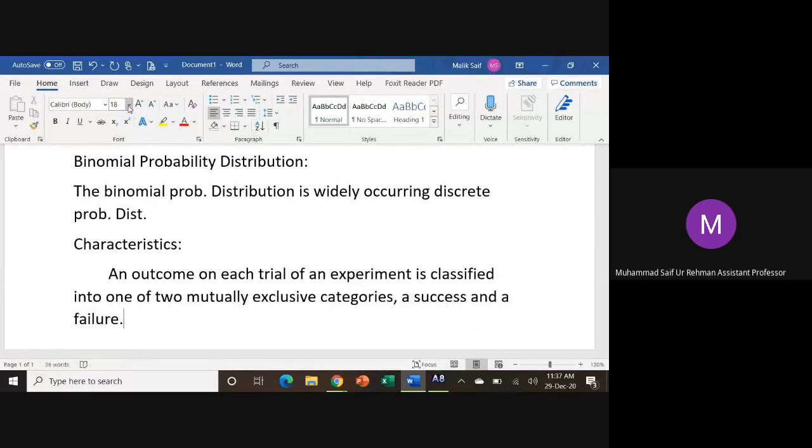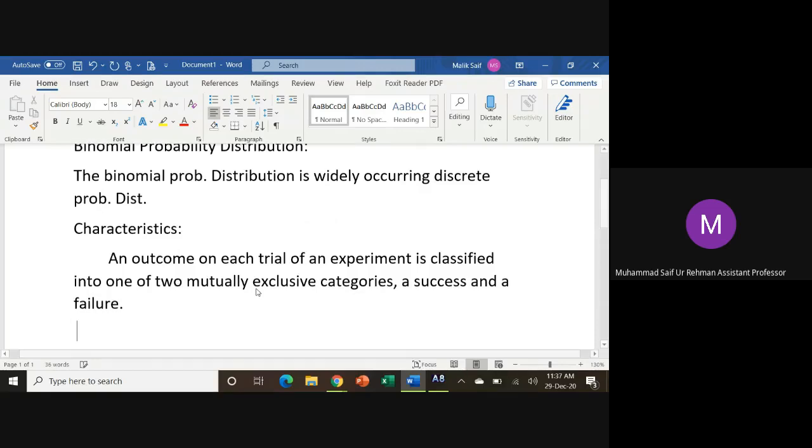Okay, so basically by that we mean two. So when there are only two possibilities, one is success and the other is failure, then we normally take into account the binomial probability distribution.